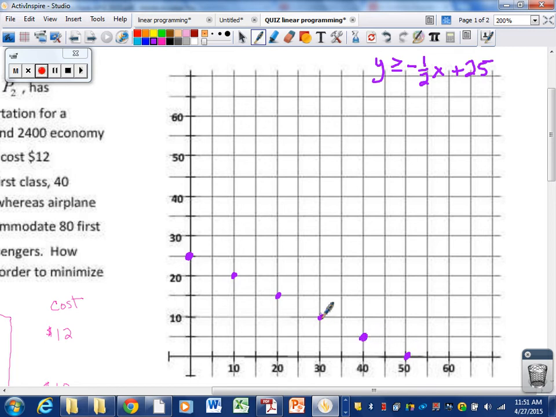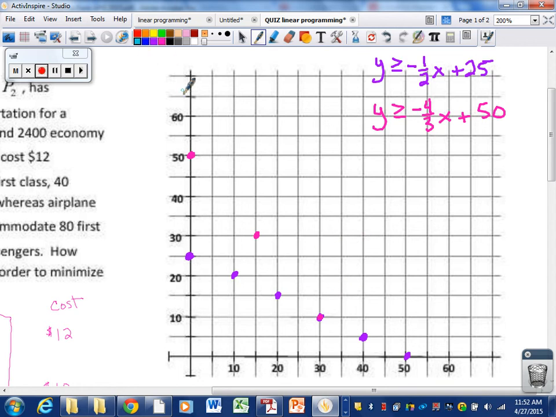So here are the points that go along with your first class passengers for plane 1. And then y ≥ -4/3 x + 50. So here's our 50 and negative 4/3, down 4 over 3, down 4 over 3, and so on until it goes off the page.